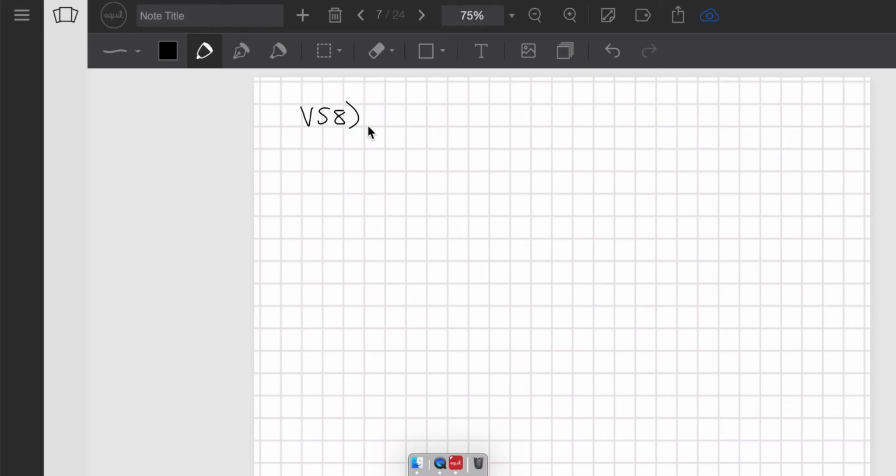VS8, we have to show that there is the zero vector. So what could be a possible zero vector? Obviously, just the real number 1, right? Why?